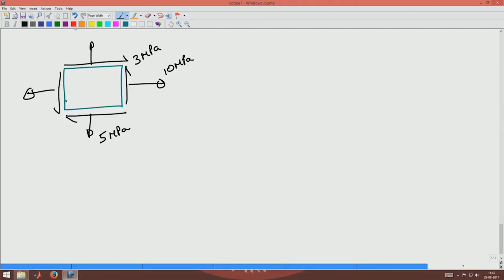And let us say I have a weld here. That is the weld. I want to ensure that this weld does not fail under the given state of stress.